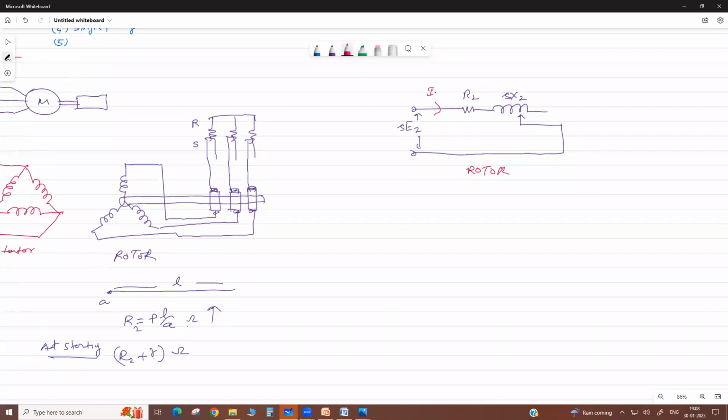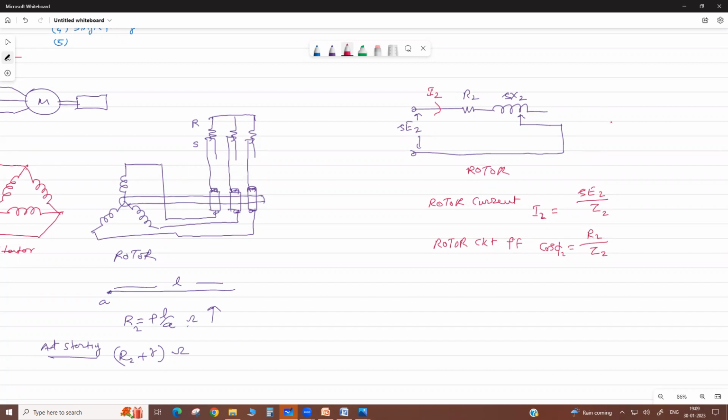Now you can calculate the rotor current I2. Please write the rotor current. What is the rotor current here? I2 equals the applied voltage, meaning induced voltage S times E2, divided by impedance Z2. Then the rotor circuit power factor, that is cos phi 2, is also resistance to impedance.